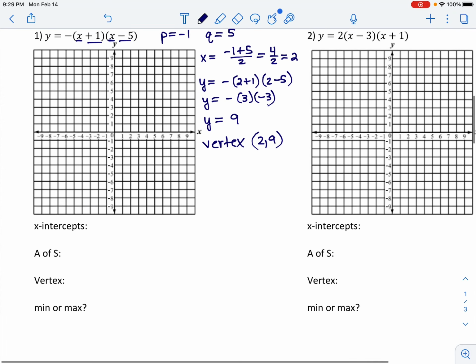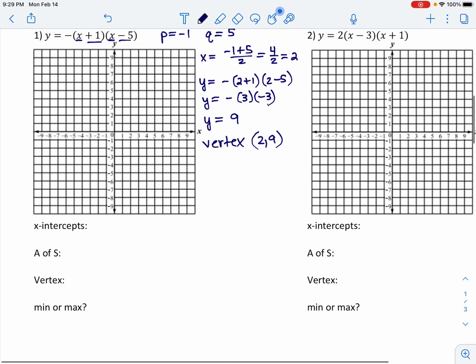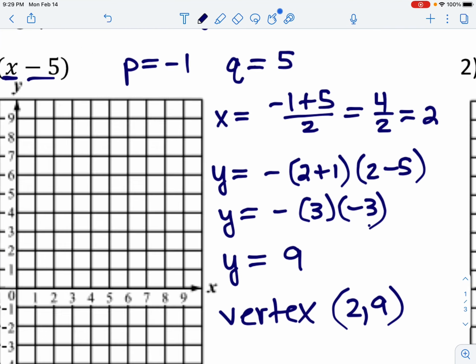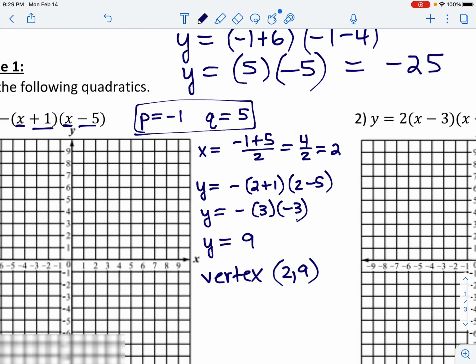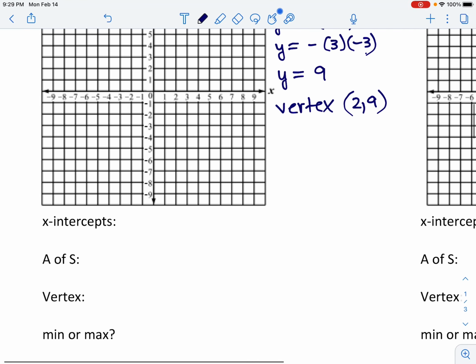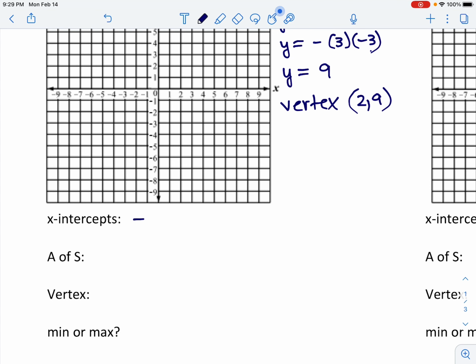So I can start filling in this information down here. So my x-intercepts, let's go back up to p and q. Remember our x-intercepts, we're going to write those as negative 1 comma 0 and 5 comma 0. Remember, these are x-intercepts. We cannot write negative 1 comma 5.